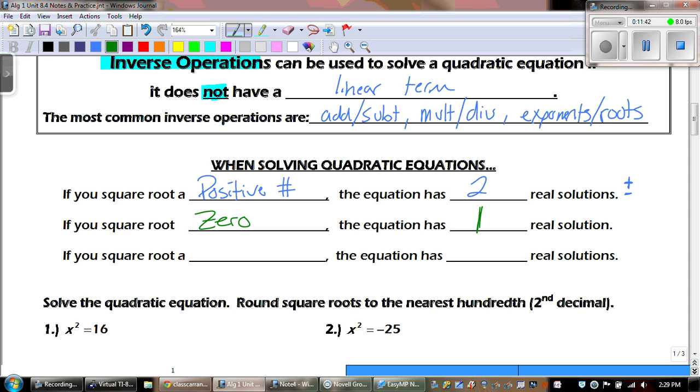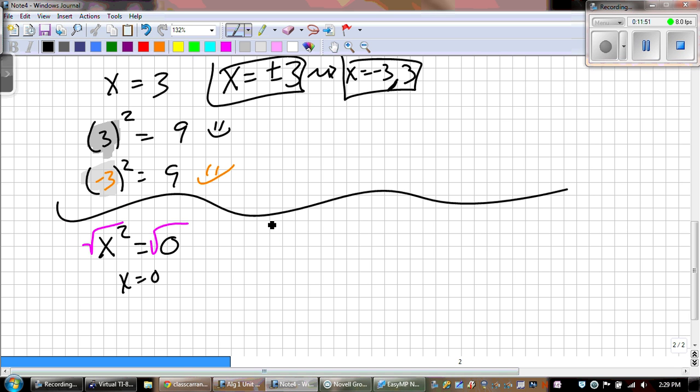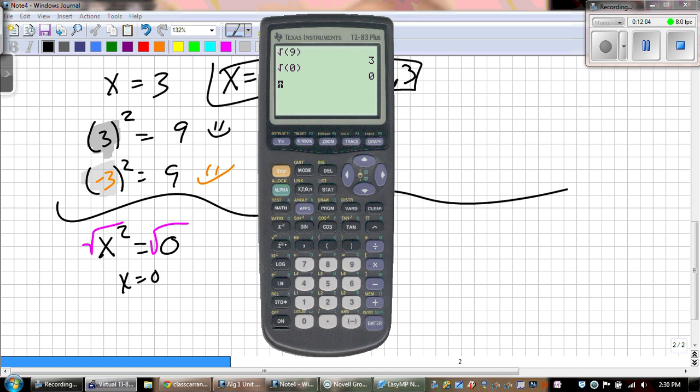And then the last one, if you square root a negative number. So let's see what happens when we take the square root of negative 9. So I have to take the square root of both sides. So square root of negative 9 equals, oh, well, why is that?